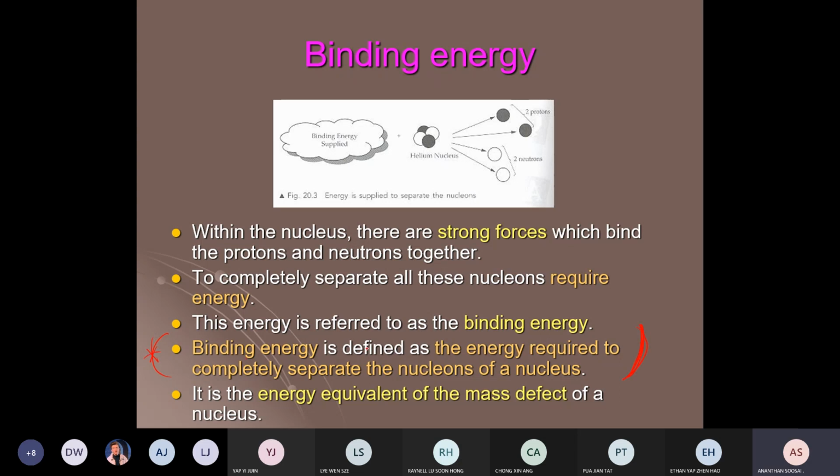Binding energy is defined as the energy required to completely separate the nucleons of a nucleus to infinity. Please add this to infinity. That's the binding energy of the nucleus.